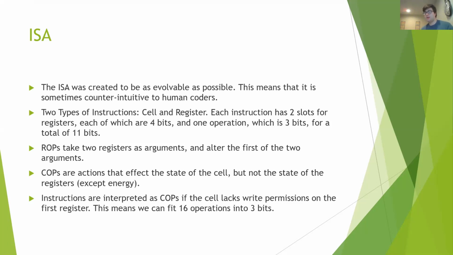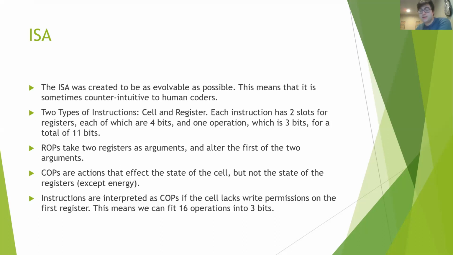The idea here is that ISAs in your computer are generally very brittle. If you flip a bit, the entire program breaks irreparably, right? The purpose of evolvable ISAs is to not break as easily and to preserve most of the functionality when small changes are made to the code.